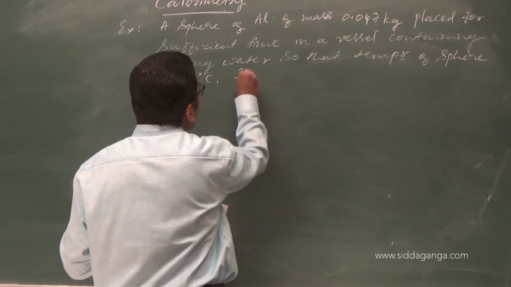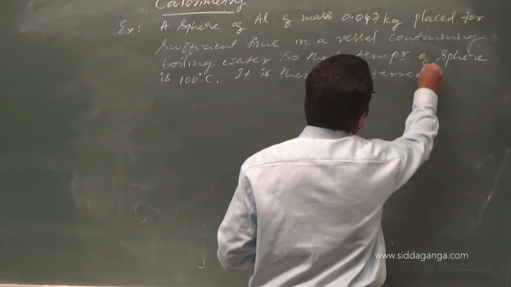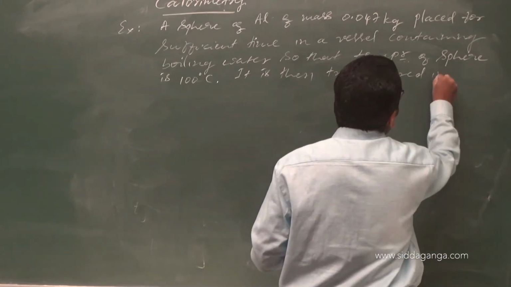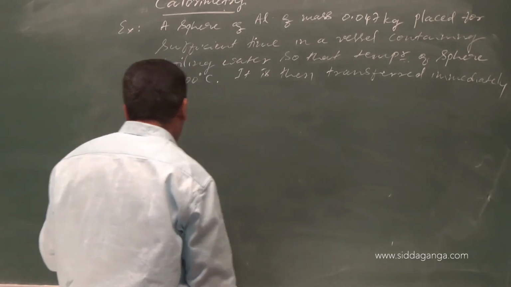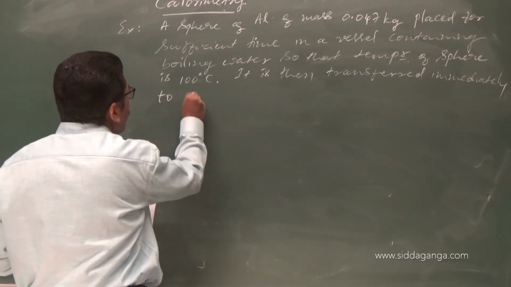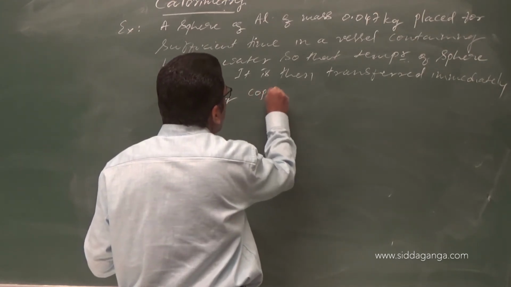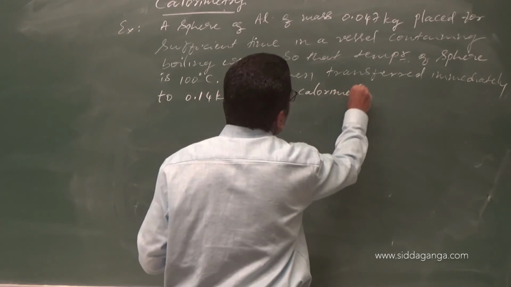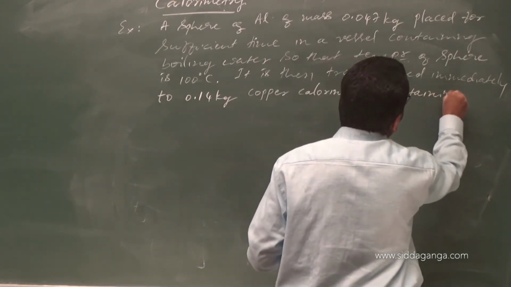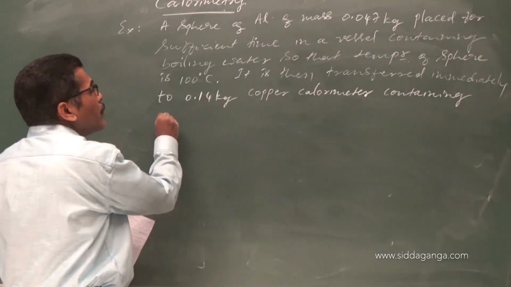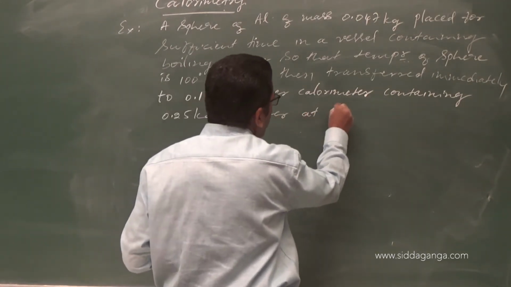It is then transferred immediately to 0.14 kg copper calorimeter containing 0.25 kg of water at 20 degrees Celsius.